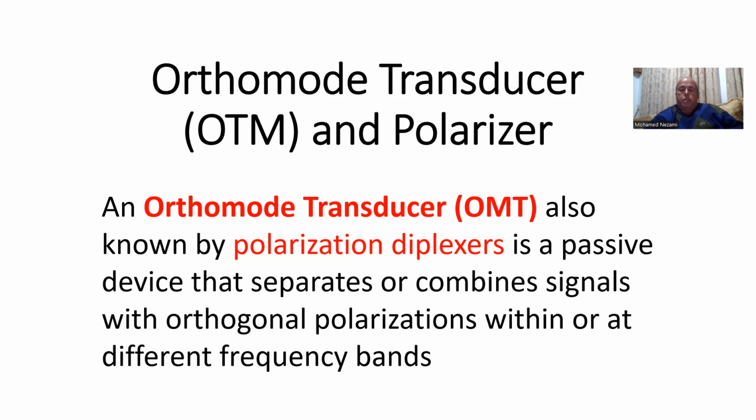An example of this is the LNB, low noise block down converter, of your SATCOM. Likewise, it can also work with two different frequencies, where you get two different signals that are polarized orthogonally, and you can separate the vertical and horizontal from either one of those two frequencies.